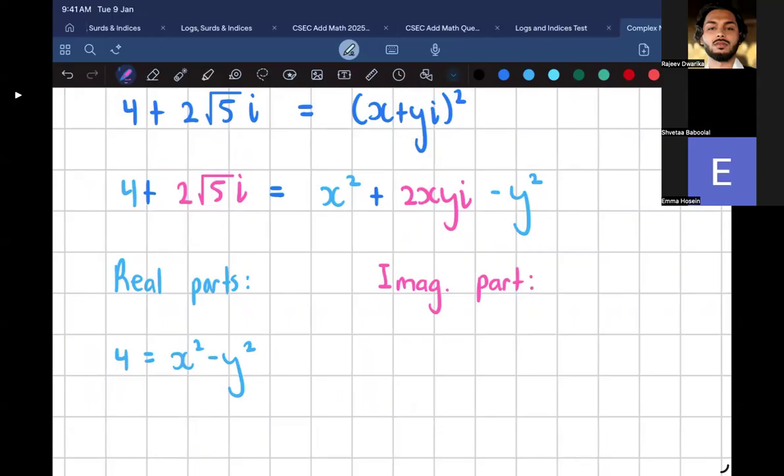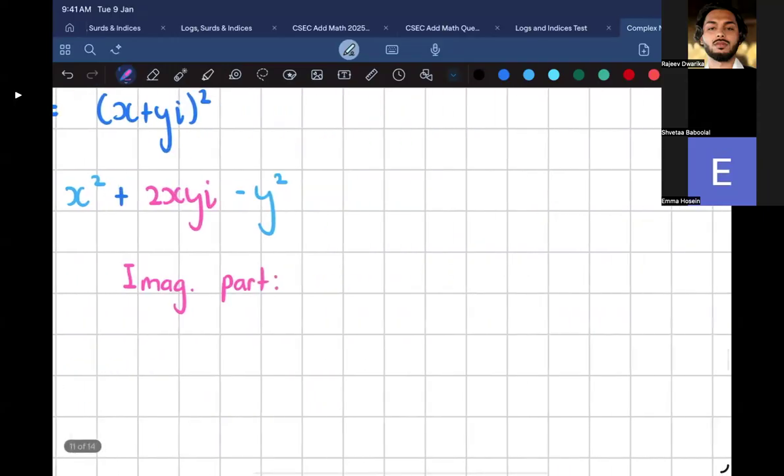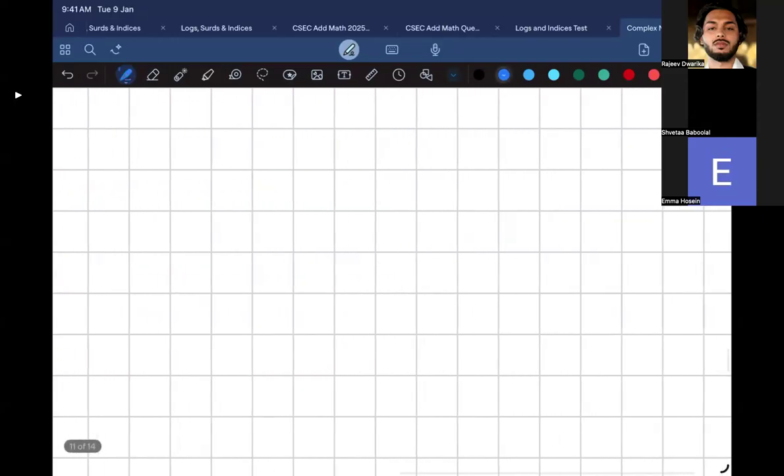You have to make sure if you go into a relationship with somebody, they know how to do this expansion. If they say a squared plus b squared, bin that one.